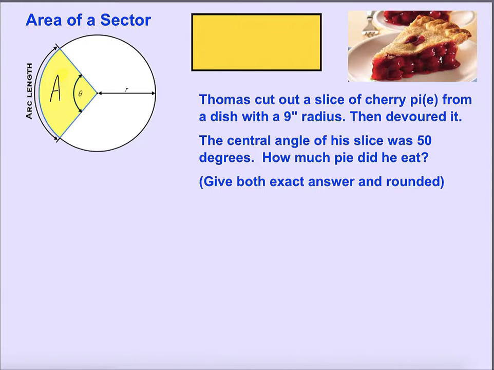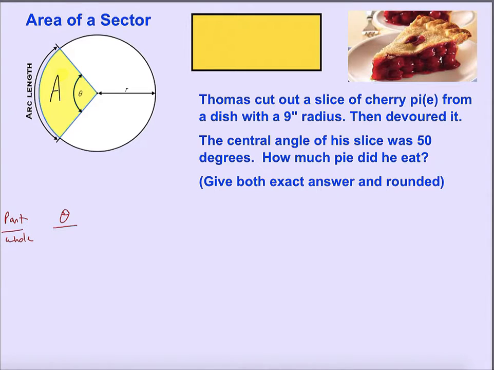And to find the formula for A, we're going to use a similar idea that we looked at in that sketch of the circle before. We're going to compare the part over the whole, an old trick from way back in Algebra 1. We'll compare the part over whole of the angle, so the central angle there is theta.